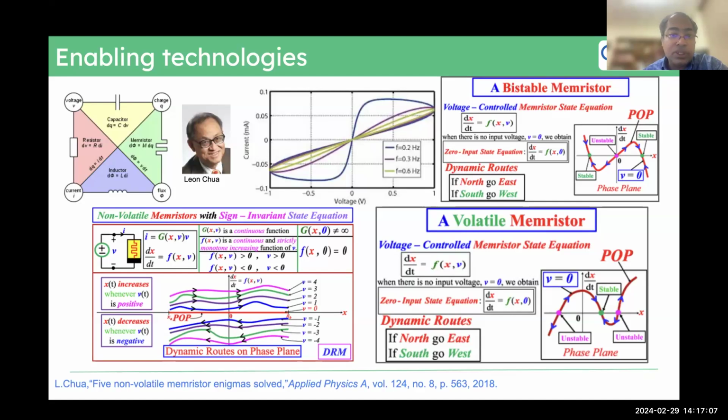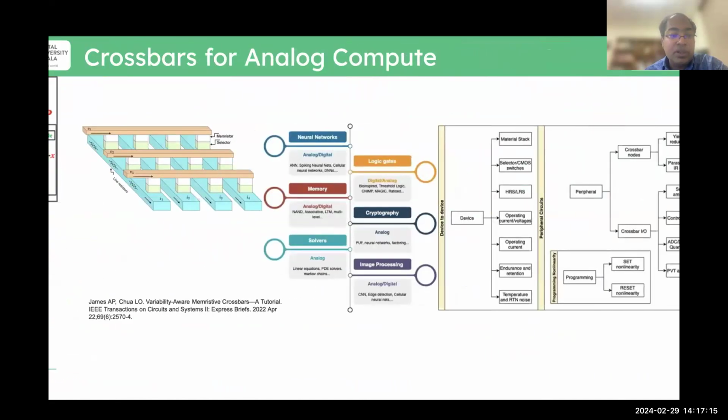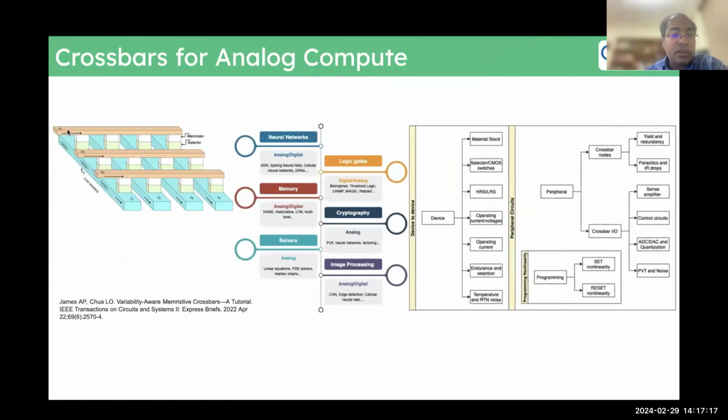Each of those analog weights in a neural network could be translated to conductance values of each of those memristors. And the way you can do that, you can place the memristor devices along with a switch or a selector in a crossbar configuration. You can apply the inputs as voltages through the rows, and you can read the currents through the columns.